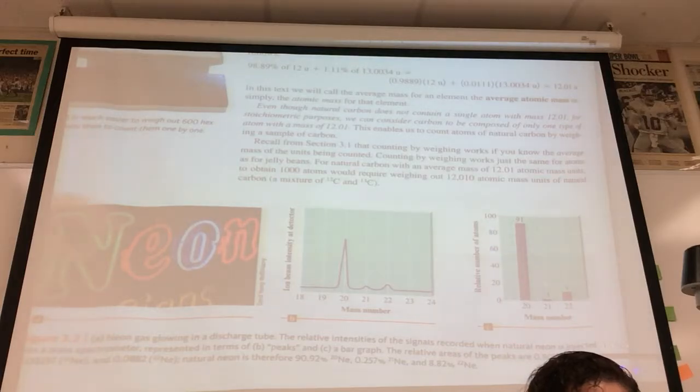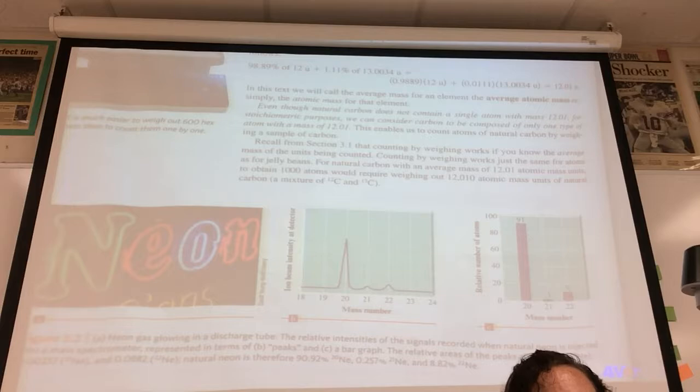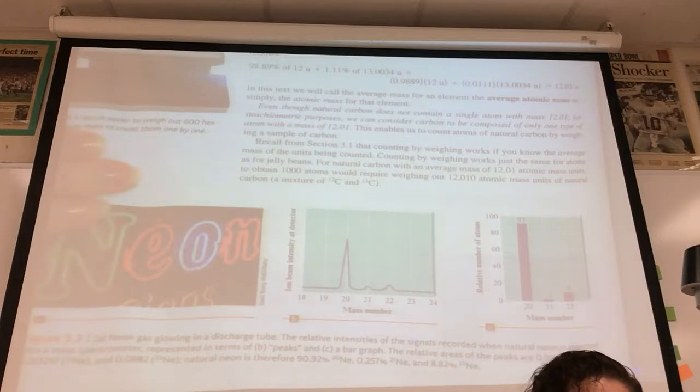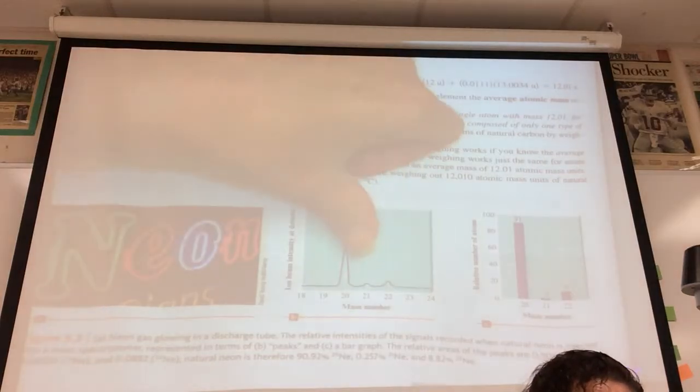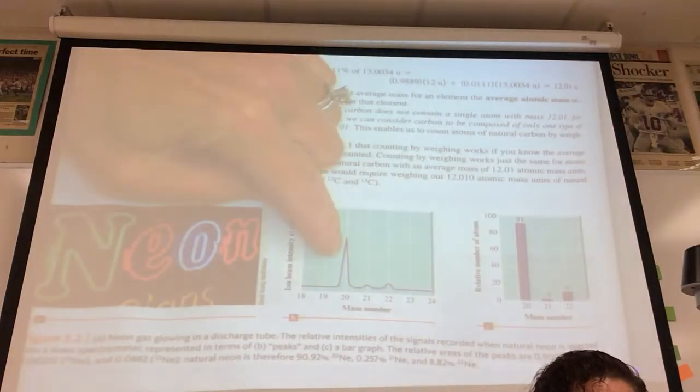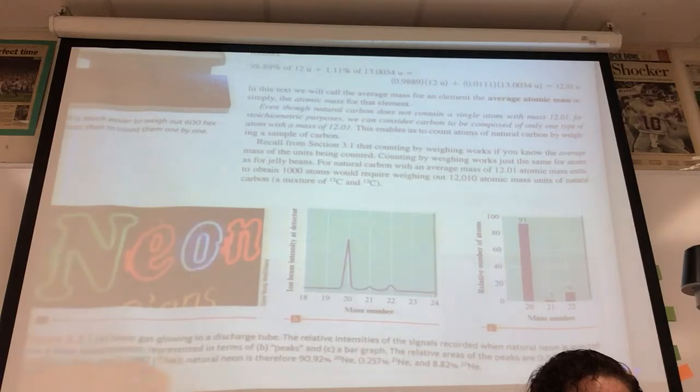You can see neon gas glowing in discharge tubes. You would see that, for example, maybe at the bowling alley, where it'll say open, a neon sign, or at the pizza place or something. Shown in B are the peaks, that is the ion beam intensity at the detector with their corresponding mass numbers.